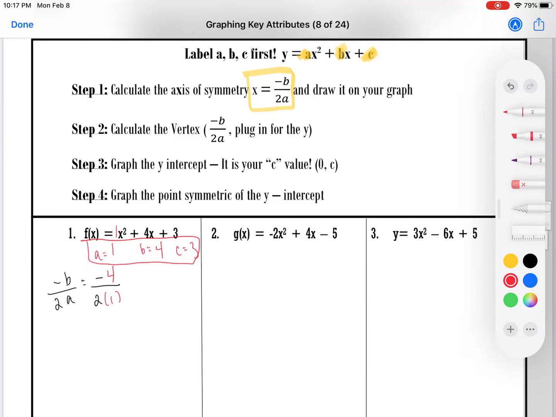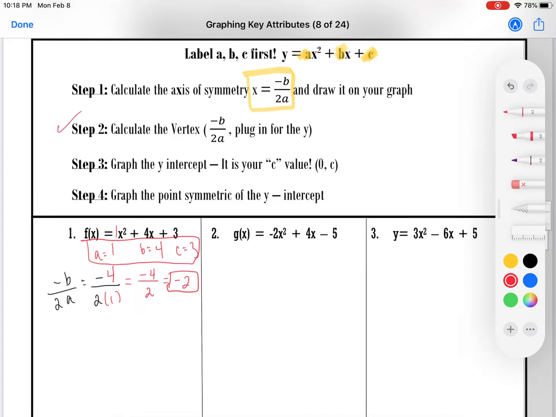So now I start by finding the axis of symmetry. To figure out where the axis of symmetry is by hand, without looking at the graph, I use the formula negative b over 2a. So negative 4 over 2 times 1. Negative 4 divided by 2 is the number negative 2. So my axis of symmetry is going to be the number negative 2.